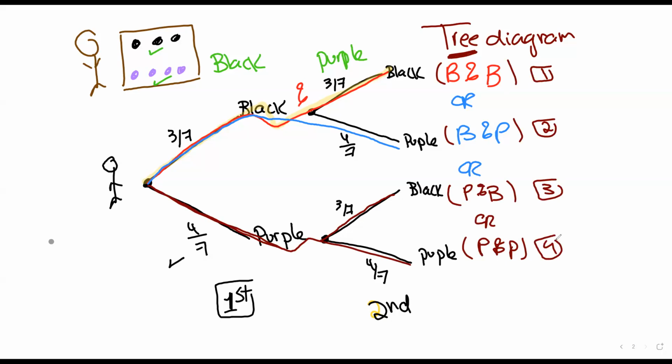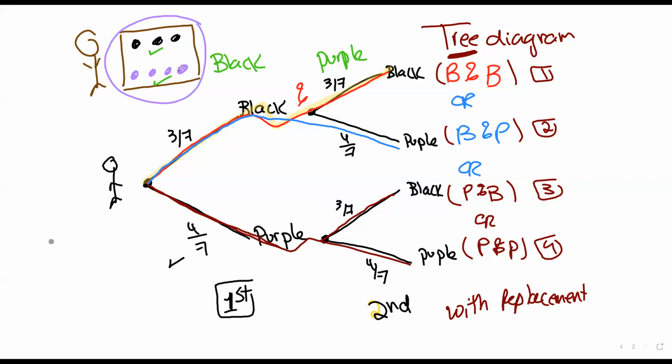Now, since Omar is taking the item, using it, and giving it back, this is what we call the with replacement questions. Omar took a ball, used it, and then gave it back. So the total of my box will always be 7.